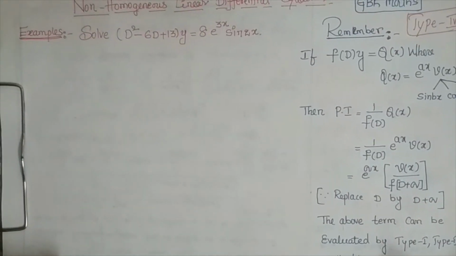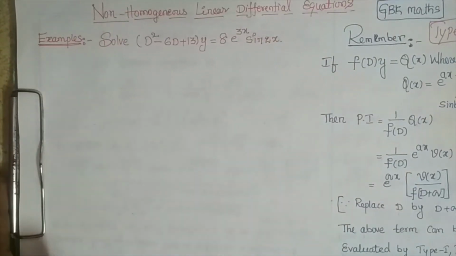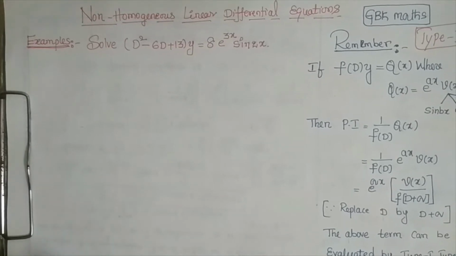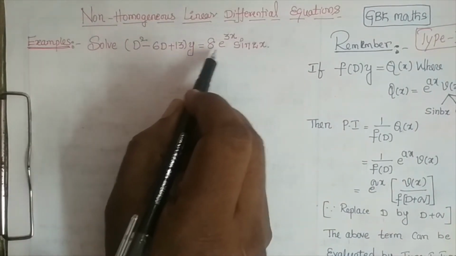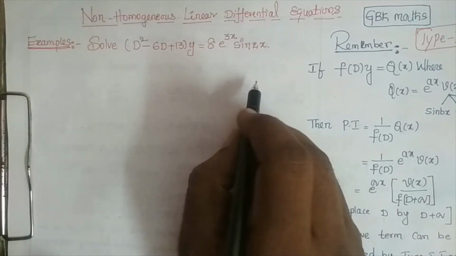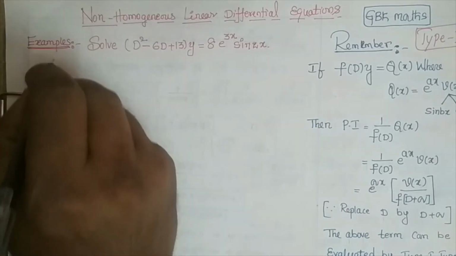Before we solve one problem, let us go to the solution of the given problem. The given problem is D square minus 6D plus 13 into y is equal to 8 into e power 3x sin 2x. Generally we solve for complementary function plus particular integral.